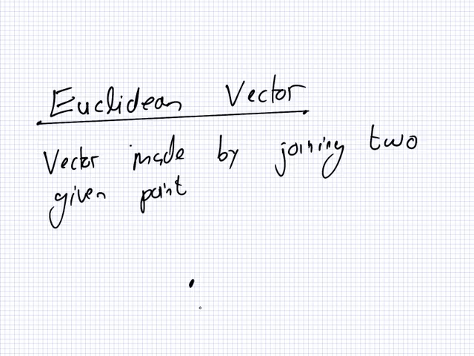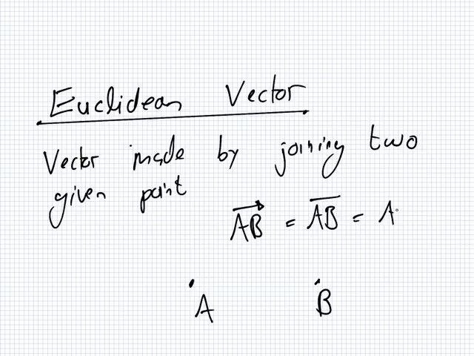An example, if this is point A and this is point B, then the vector AB with an arrow above it, or sometimes people write it as just AB with a line or AB with a line underneath. That is the vector you get by putting the tail at A and the head at B.